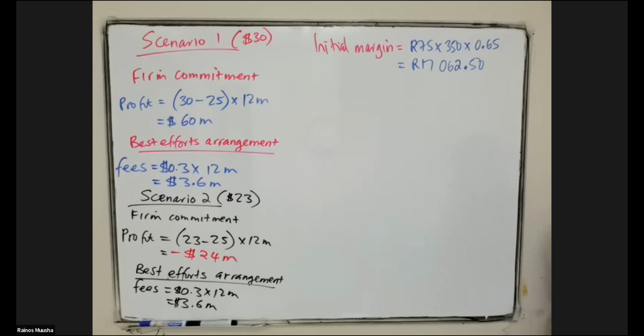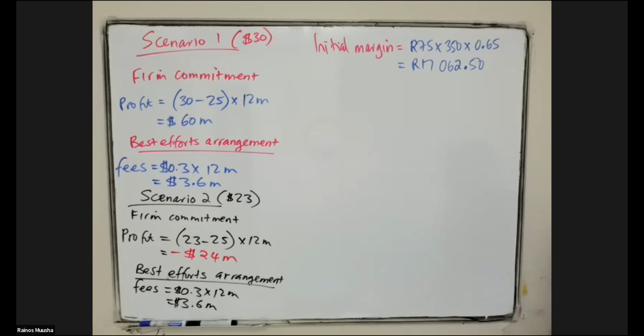Remember, they say a trader buys 350 shares of a stock on margin, and the price of the stock is 75 rand per share, isn't it?